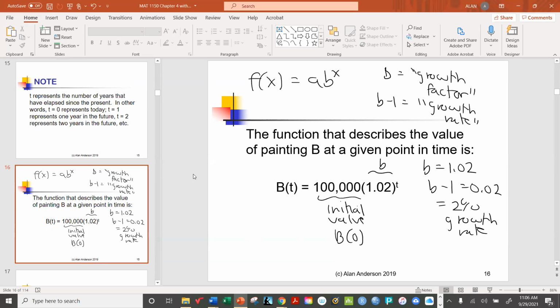So for example, after 1 year, the two paintings will actually be worth the same, 102,000. But in year 2, things will be different because this first painting is worth 104,000, but look at this one.